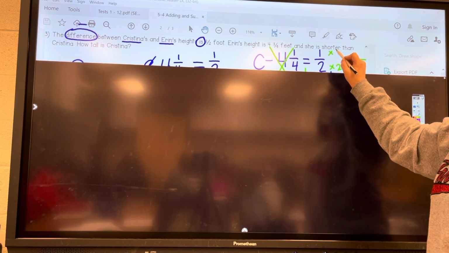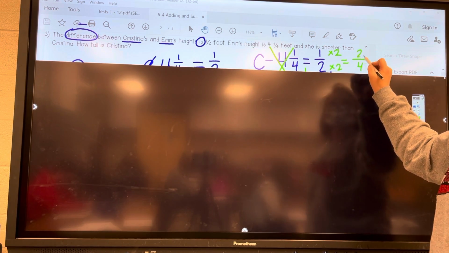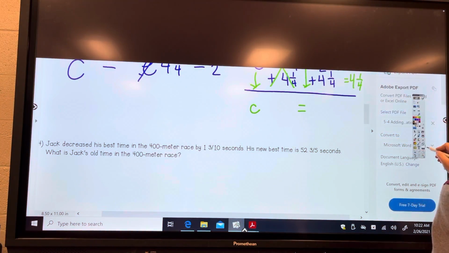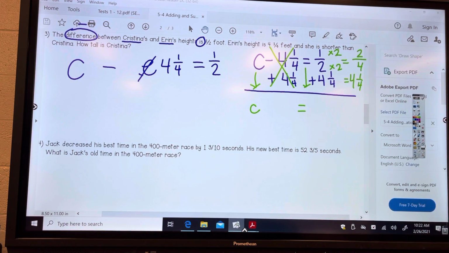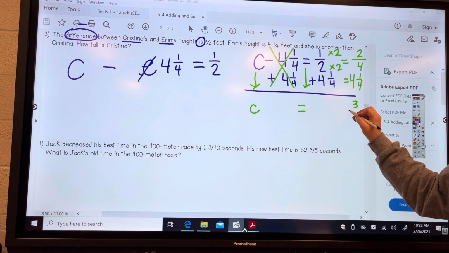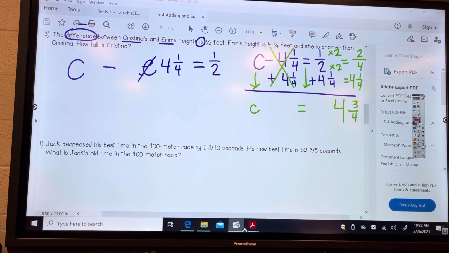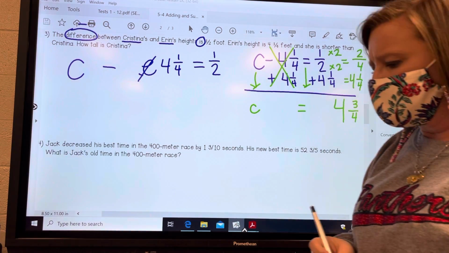So 1 times 2 is 2. The bottom one, we've got 4 and 1/4. Do I need to change it at all? Nope. So 2 plus 1 is 3. 4 plus nothing is 4. So how tall is Christina?